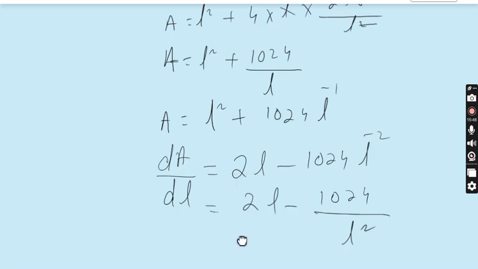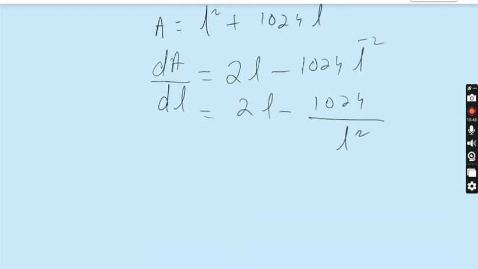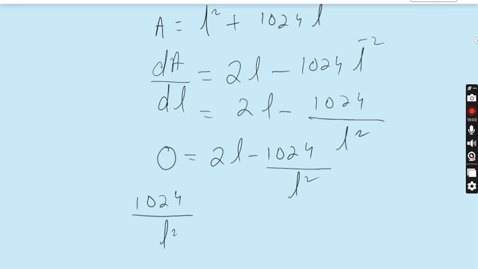In order to find the value of L, we have to replace dA by dL by 0. So 2L minus 1024 upon L square. Or you may write 1024 upon L square is equal to 2L.